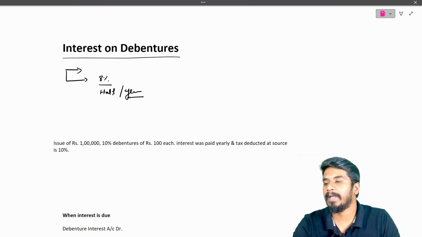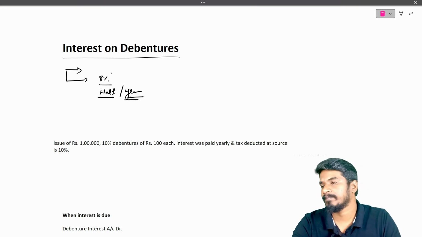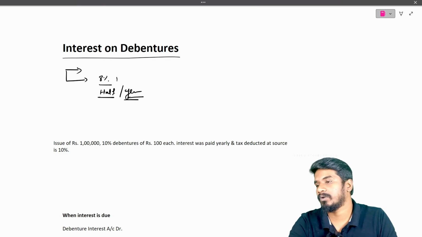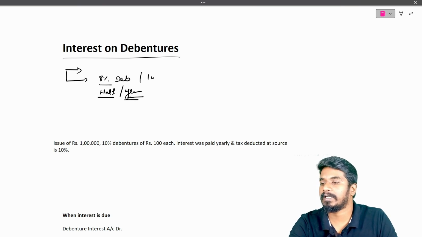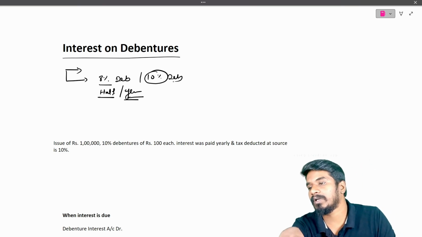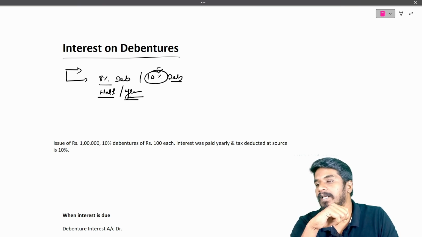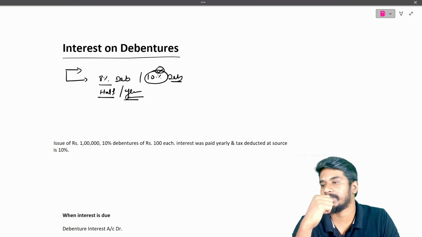But they will pay interest periodically, correct? So half yearly or yearly once. That may be an 8% debenture or a 10% debenture like that. This 10%, whatever is there before the debenture, is called the interest rate, and on that rate only the company will pay interest.